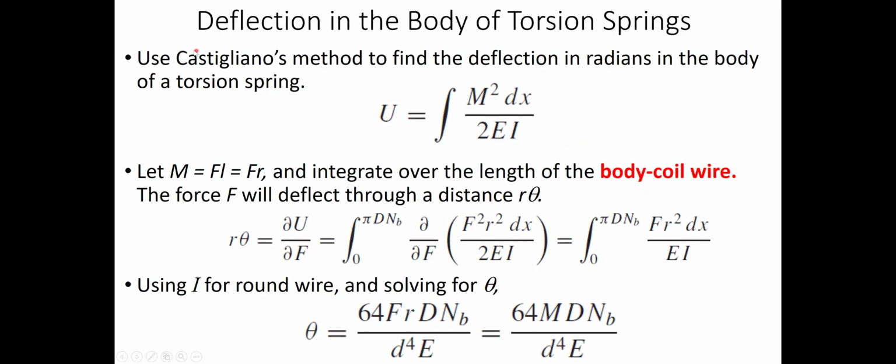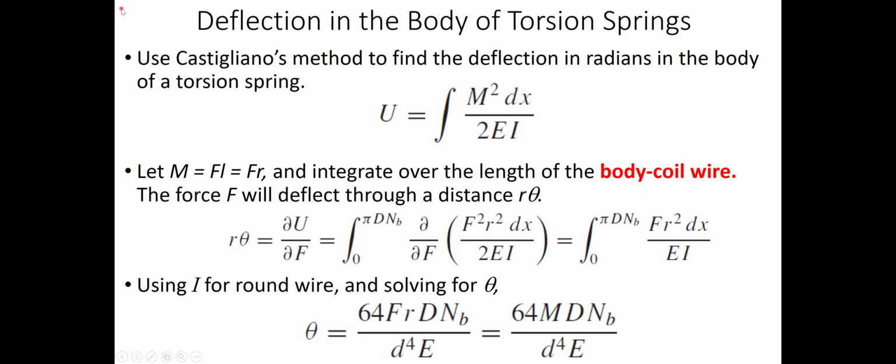Okay, so now the deflection in the body of the torsion spring. When we talk about deflection, what method or theory do you think of? Yeah, Castigliano's theory, right? We can use Castigliano's theory to find the deflection in radians in the body of a torsion spring.